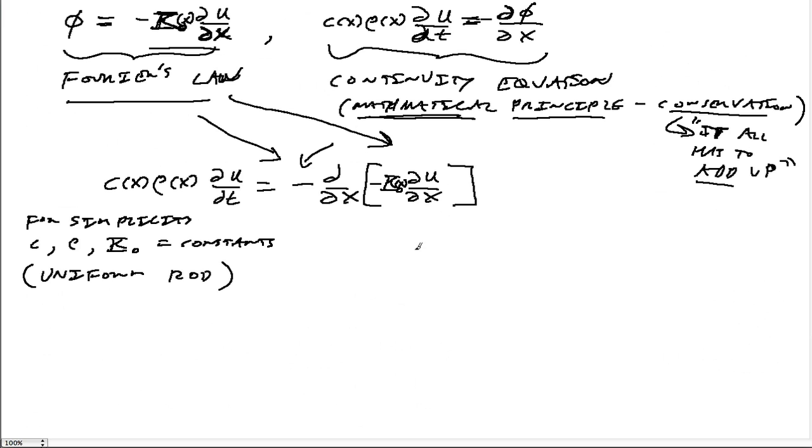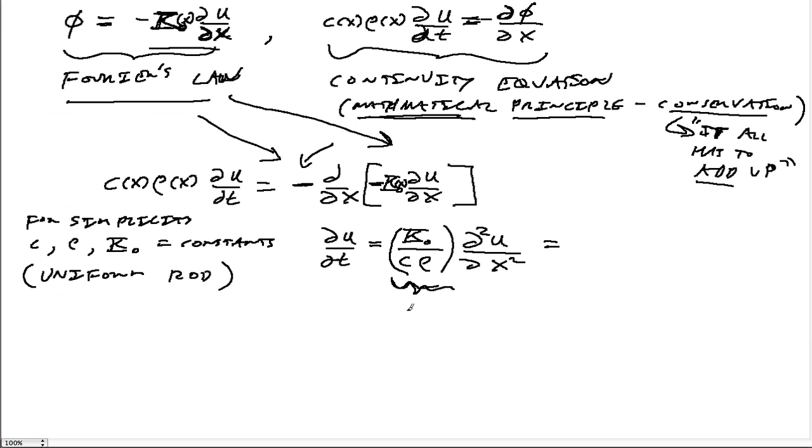Okay. Then putting this all together, we get the partial of u with respect to t. And because this k0 is a constant, it can go through the derivative. We have a negative and a negative sign, which makes it positive, and we get a capital K0 over c times rho times the second spatial derivative in x, because we have a first derivative and another derivative there. We can rewrite this constant and call that little k, and I'll write that in the most compact form possible.